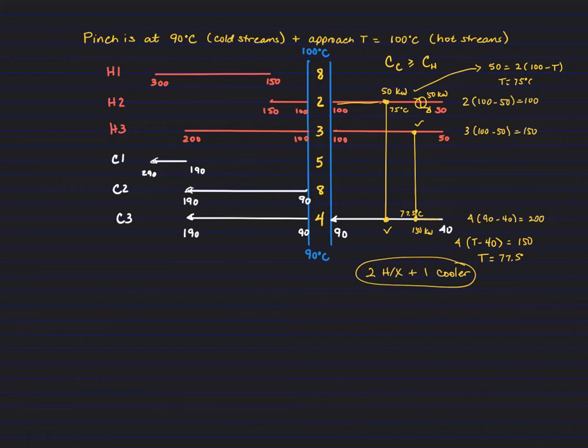Now let's look at the other side. On this side, I need to guarantee that CH is greater than or equal to CC. So this is going to limit my pairings somewhat. Plus I have some temperature issues that will limit my pairings. For instance, I can pair stream H1 with any of the cold streams, but I cannot pair streams H2 or H3 with any because those CHs are lower than all of the others.